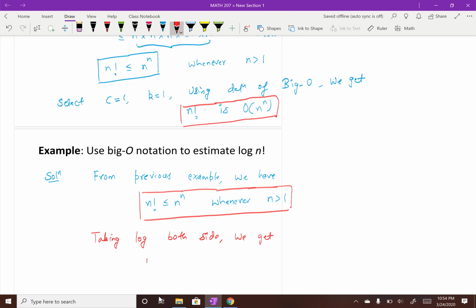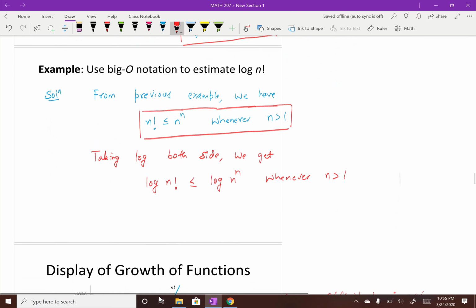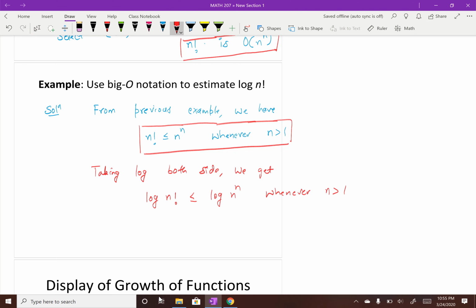So this side will be log of n factorial, and this side will be less than or equal to log of n to the power n. It's going to be true whenever n is greater than 1, which you can simplify as log of n to the power n, which is n log n.